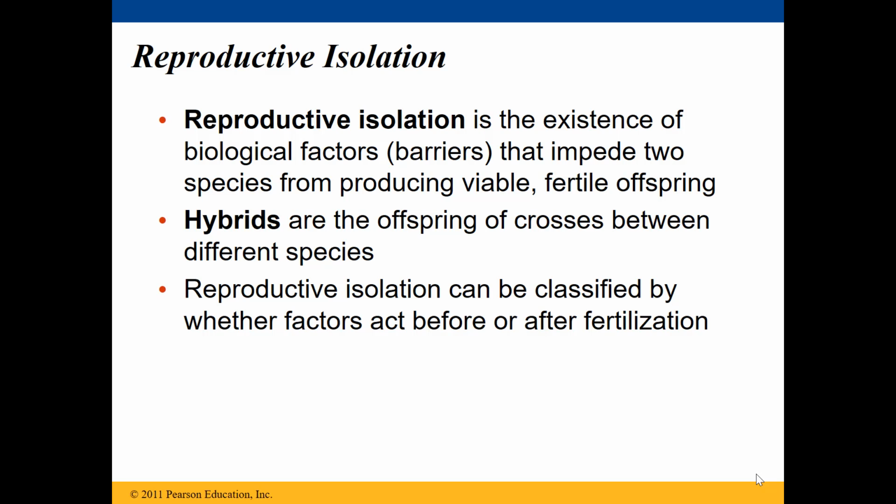And under this, we have to start to think about, okay, what types of barriers are there to reproduction? And we have to know what happens when two species hybridize.